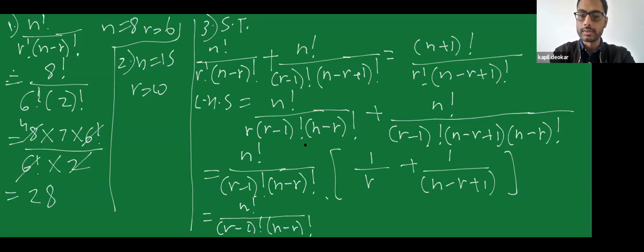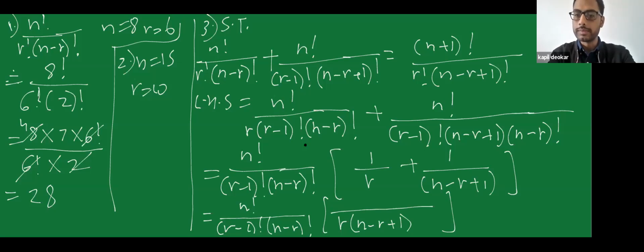Take LCM over here. Taking LCM, I'm going to get r into n minus r plus 1. Cross multiply, so n minus r plus 1 minus r. R will get cancelled out. I'll have n plus 1 over here.